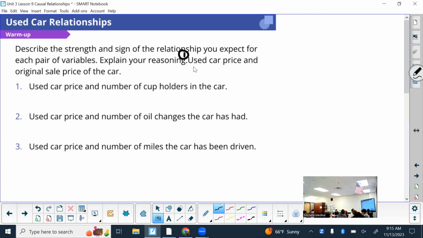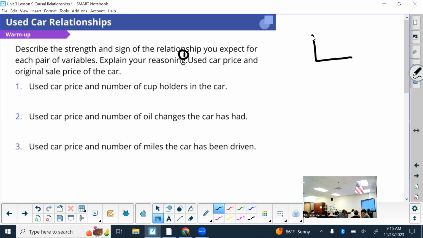When we're comparing the used car price to the original sale price of the car, what would you expect that graph to look like? Anytime you are comparing two variables, one of them is independent and the other one is dependent. So what do you think depends on what?